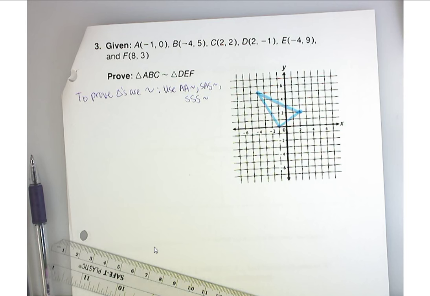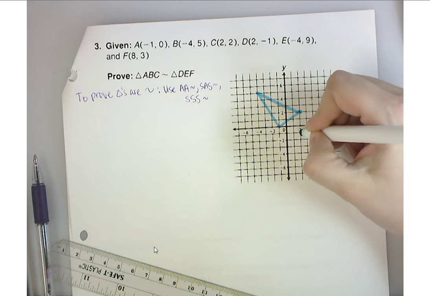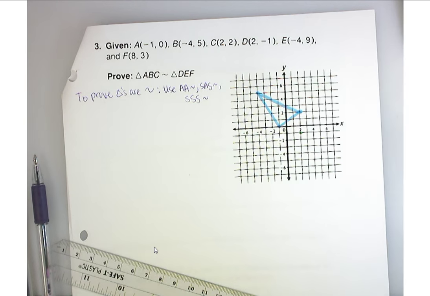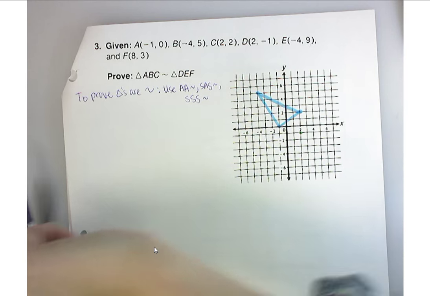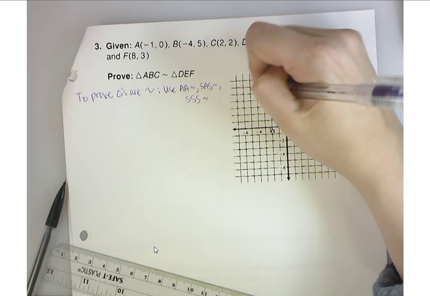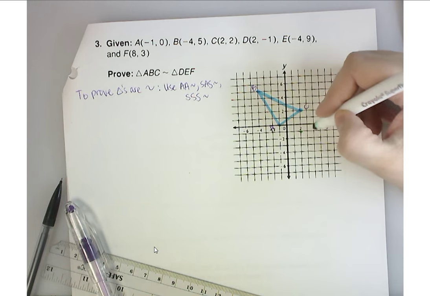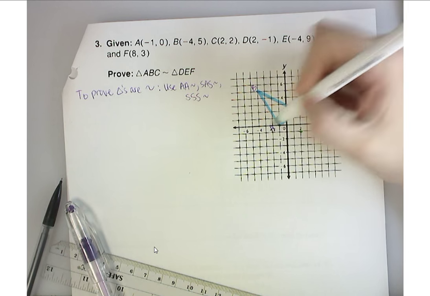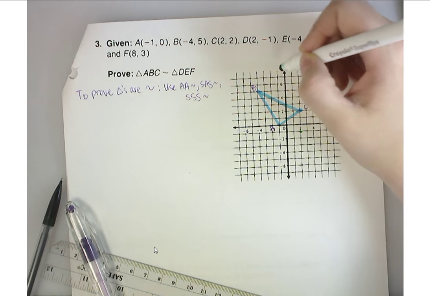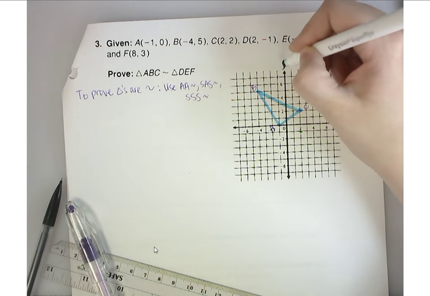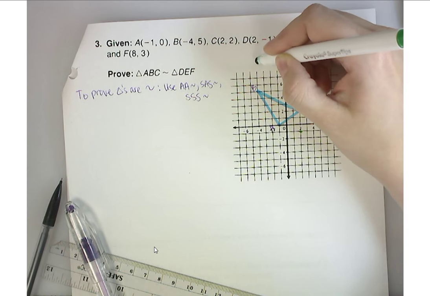All right, and D is 2, -1. Oh, and I do like to label those. So this is A, B, C. E is -4, and then 9, which is 7, 8, 9. So we're going to have to estimate that a little bit.